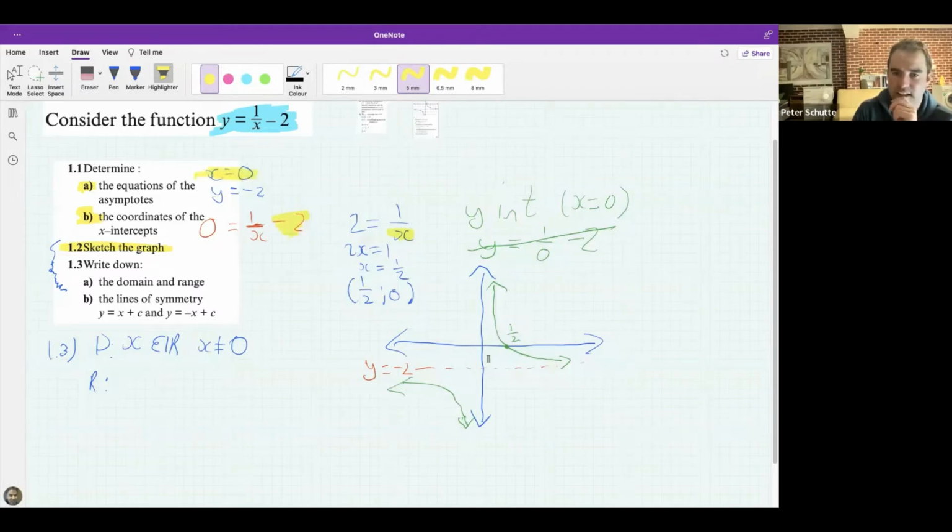The graph isn't allowed to go where x is 0, and x equals 0 is just this line. And then the range is y can be any real number, but y cannot be equal to -2. That's because the graph cannot touch the dotted red line over here. I don't want to make it too busy, but it can't touch that line there.